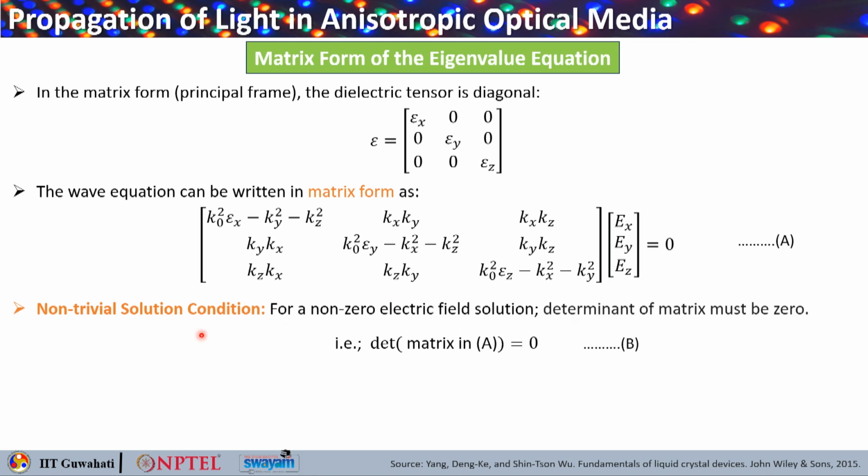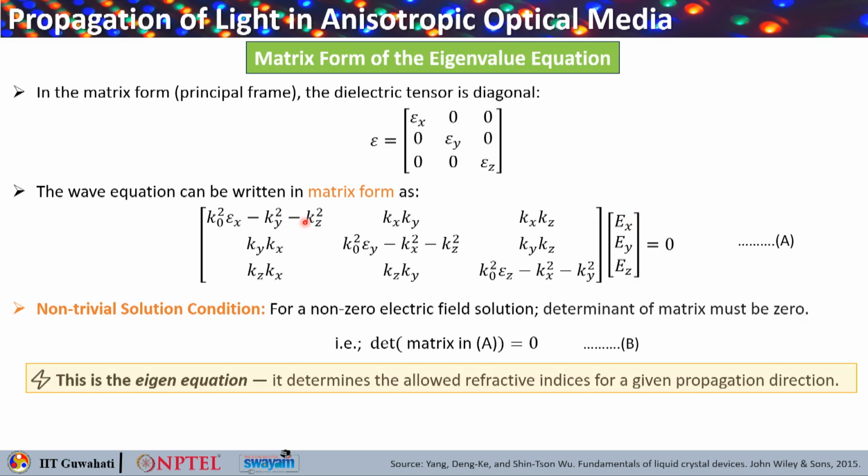So, what can be the non-trivial solution condition here? For a non-zero electric field solution, the determinant of this matrix must be 0. So, this is the determinant of the matrix A equal to 0, A is the equation number. So, this is the eigen equation and it basically determines the allowed refractive indices that can support a given propagation direction.